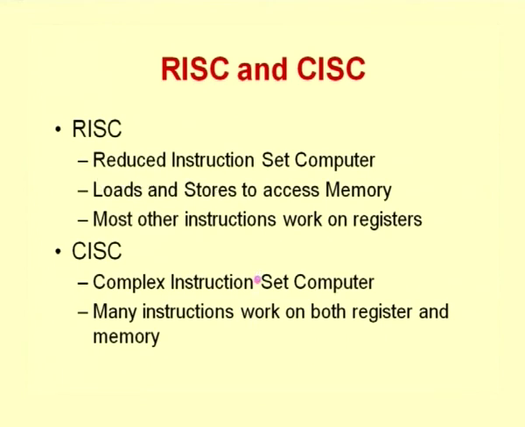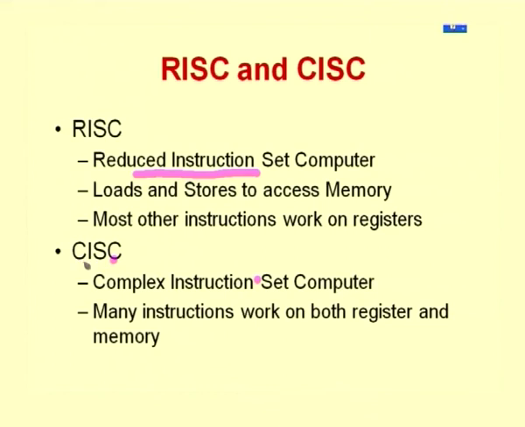It essentially means that we have a limited set of instructions. In a RISC machine, normally you will have loads and stores to access the memory. Other instructions will not directly access memory, and most of them will work on the registers. That is, you bring data from memory into the registers using loads and stores and then work on the values in the registers. This is what happens in a typical RISC architecture.